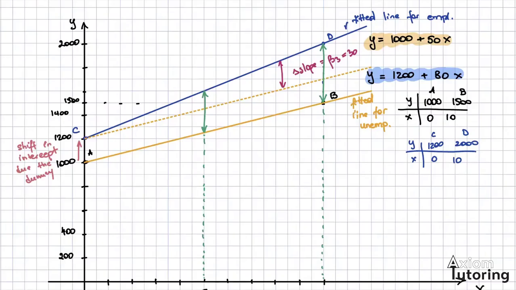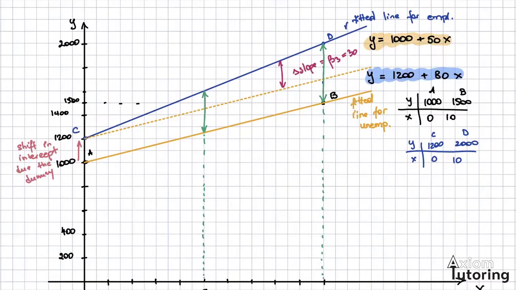This was done based on two lines, which were y equals 1000 plus 50x and y equals 1000 plus 200 plus 80x. So let's look a little bit more carefully at the gap that is actually shown here. In the previous video, I very quickly showed this distance and said that the change in slope is the beta 3 equals 30.